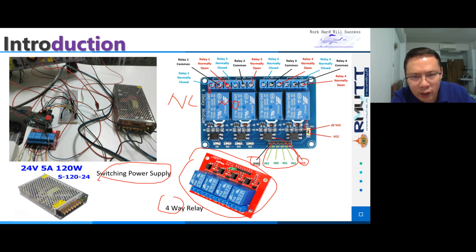And I can see here are 2 pins, another VCC and the GD VCC. This VCC is the power selection jumper, and this GD VCC is the backup power pin for the relay module.